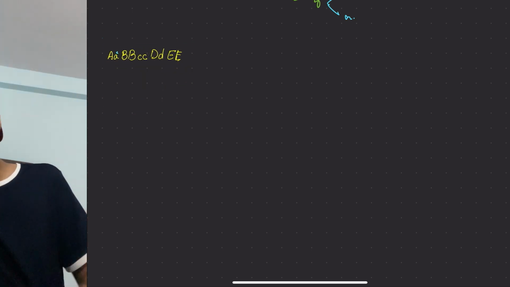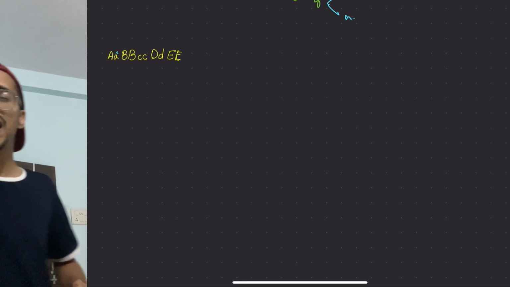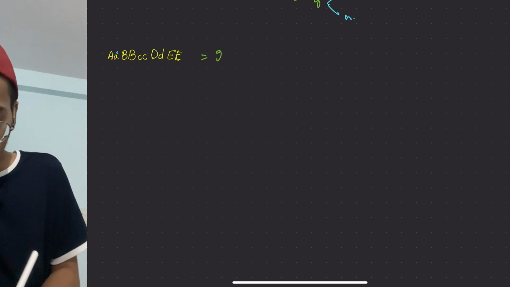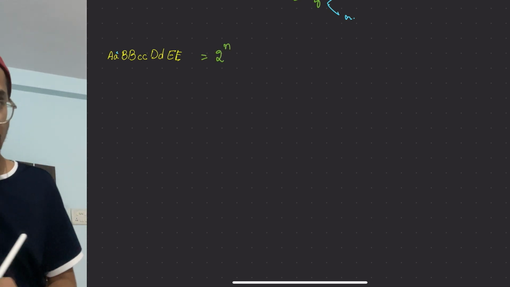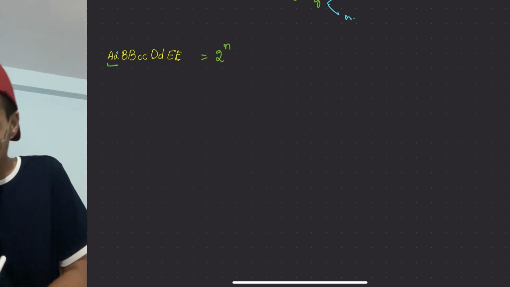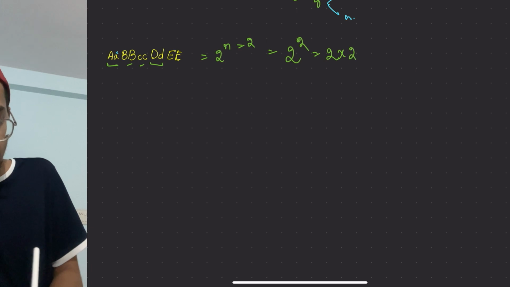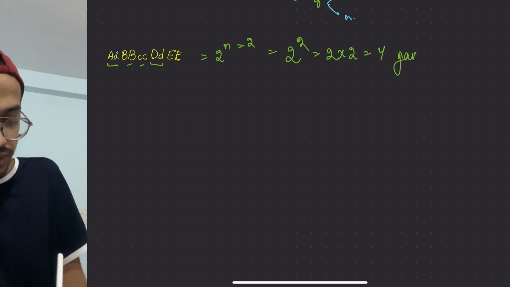Here I told you that the number of gametes can be found with the help of a formula, that is 2 raised to power n. How many different types of heterozygous pairs would there be? The n value would be 1 for this one, this is the same, and this, so that is 2. So 2 raised to power 2, that is 2 into 2, that is 4 types of gametes only will form.